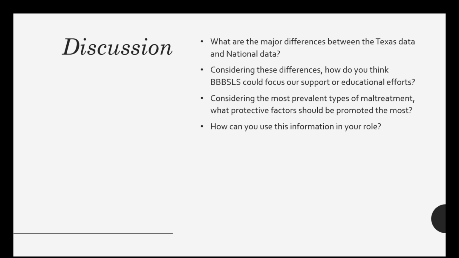So what do you guys think about that? What factors in Texas do you think lend to those numbers? And you guys can type in the chat box too if you want. I'm going to start calling on people if nobody answers.